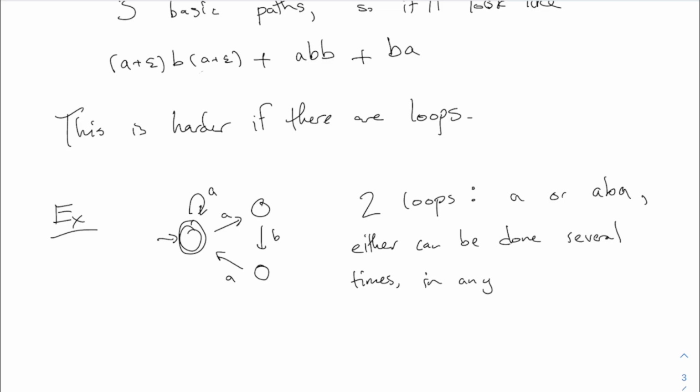Like you could do the A a few times, and then the ABA a few times. Can we think how to write this as a regular expression? I'm going to use the star, because the star is how you indicate looping. Anybody got a big idea?